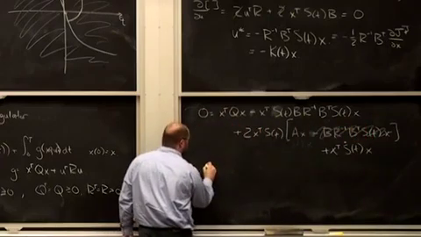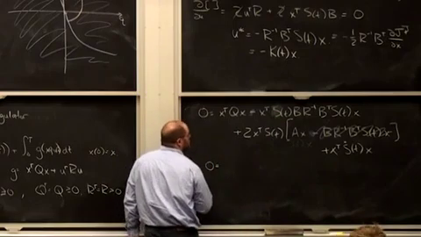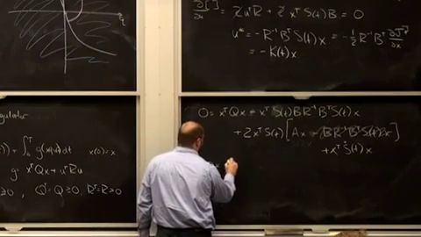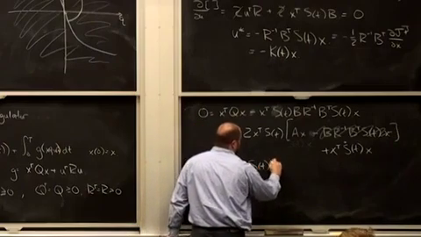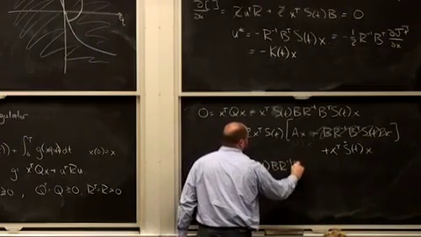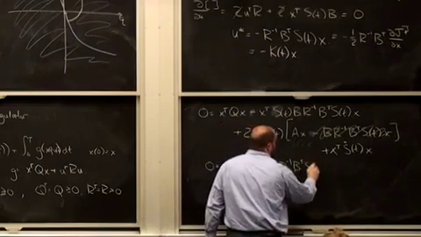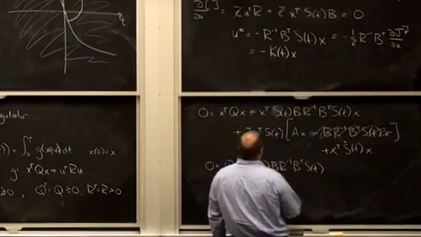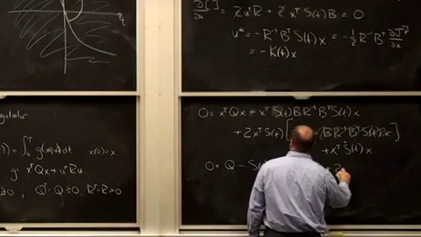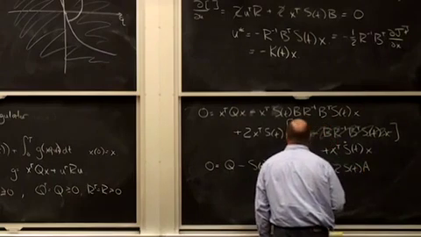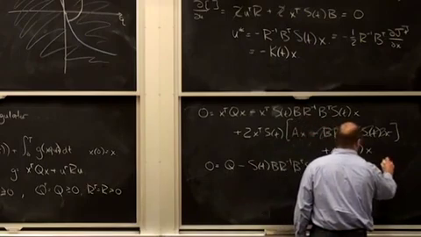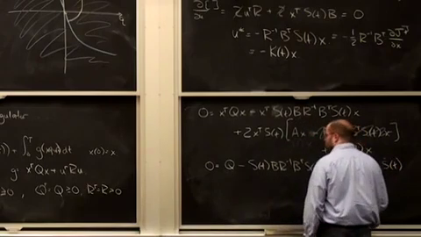So it turns out to be 0 equals Q minus ST B R inverse B transpose ST plus 2 ST A plus S dot of T had better be equal to 0.